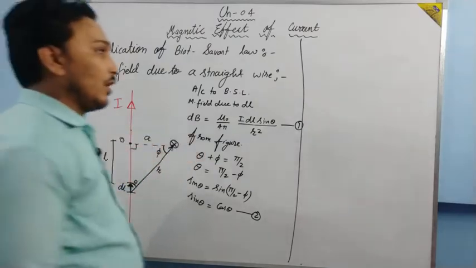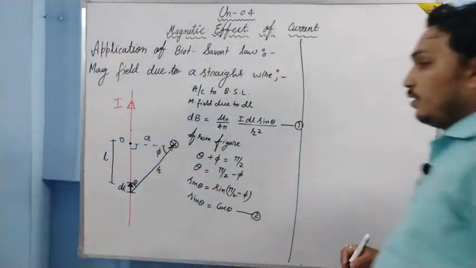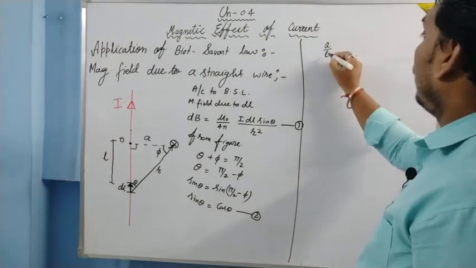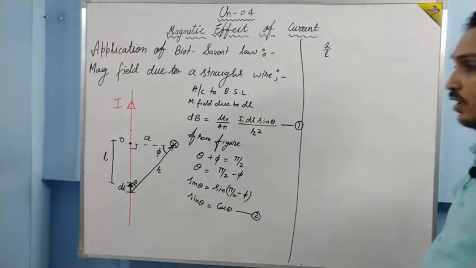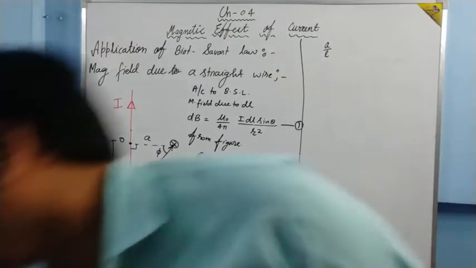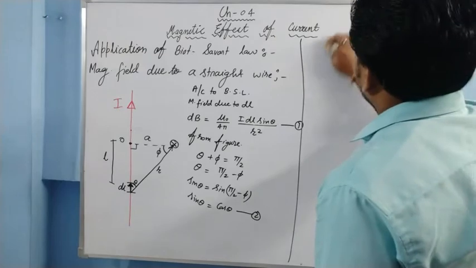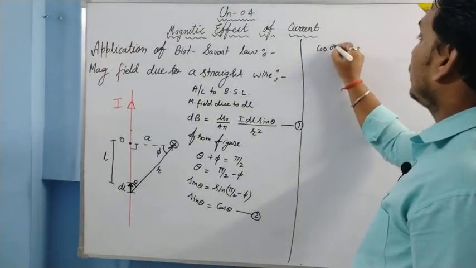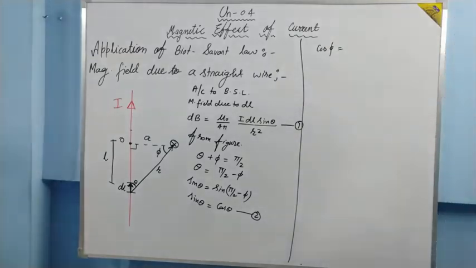Now come to R. From the figure, if you take A upon L. First of all, let us solve for R. If we take cos phi, what will it be?